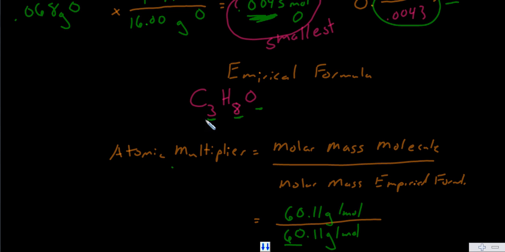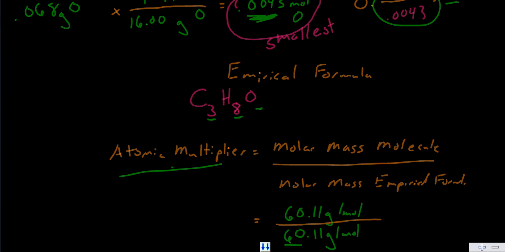Now, the empirical formula allows you to find the molecular formula. To convert from empirical to molecular formula, you need the atomic multiplier. The atomic multiplier is the molar mass of the molecule over the molar mass of the empirical formula.